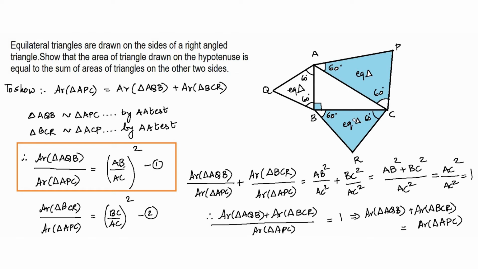I again showed that they are similar according to the AA test, and therefore the ratio of their areas was the square of the ratio of their corresponding sides. And then simply adding the two equations, I applied Pythagoras theorem in the numerator, and I got area of AQB plus area of BCR, the whole divided by area of APC, equal to 1. And cross multiplying area of APC to the right hand side, I got area of triangle AQB plus area of triangle BCR is equal to area of triangle APC. This is how I went about solving this particular problem.